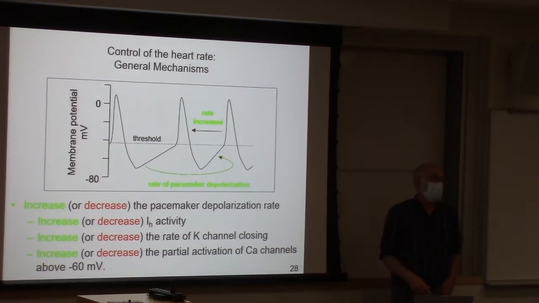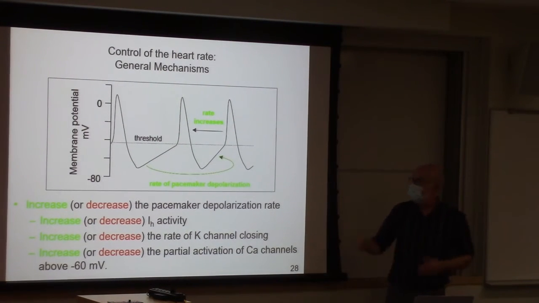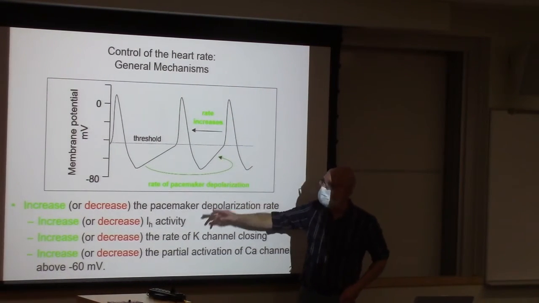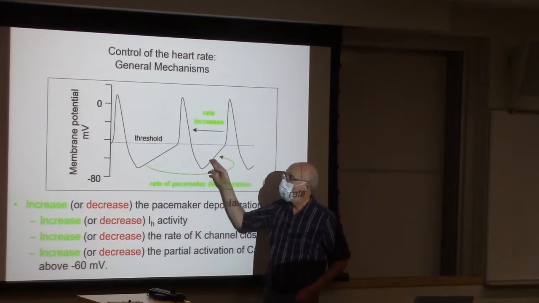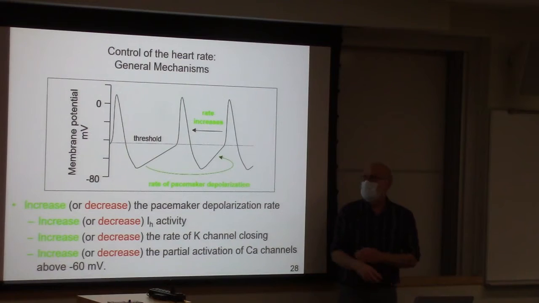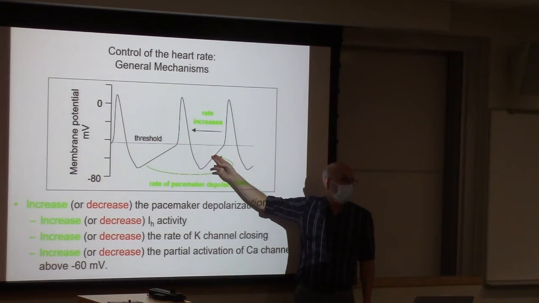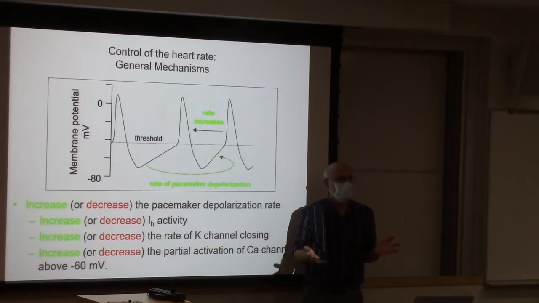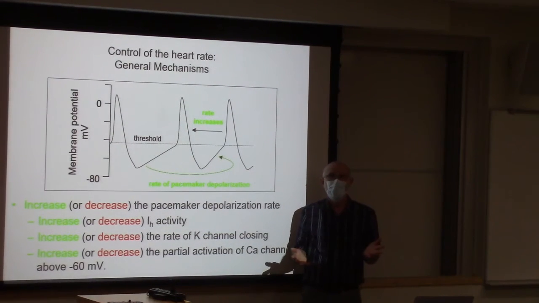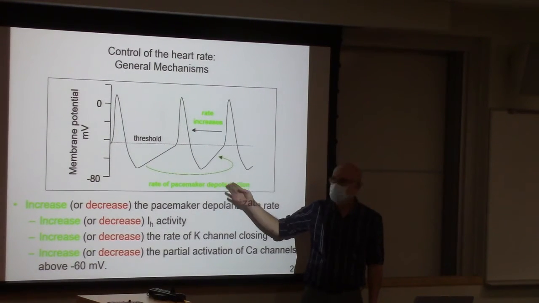It doesn't happen. But we're changing the slow depolarization. Yes, that's what we're talking about. So that can increase or decrease. Yes, the slow depolarization can increase and our heart rate gets faster, and the slow depolarization can decrease and our heart rate gets slower. You obviously don't do that at the same time. When you're stressed, you do the green. And when you're relaxed, you do the red.